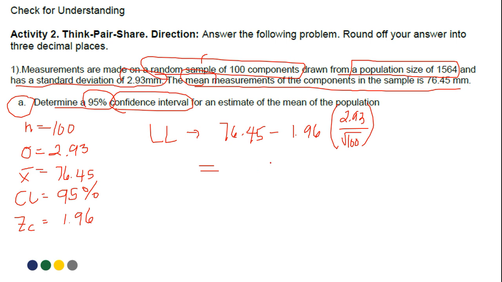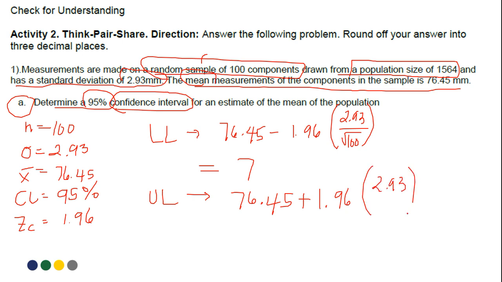What is 76.45 minus 1.96 multiplied by the quantity of 2.93 over the square root of 100? What is the answer? We have 76.45 plus 1.96 times 2.93 over the square root of 100.